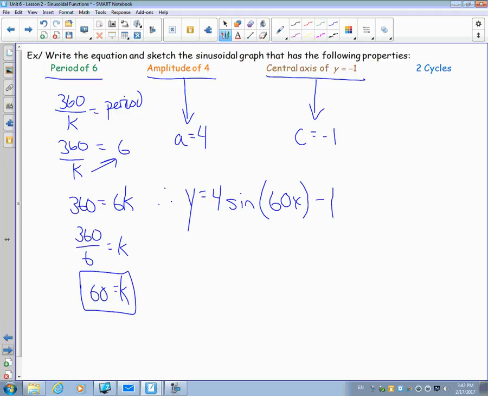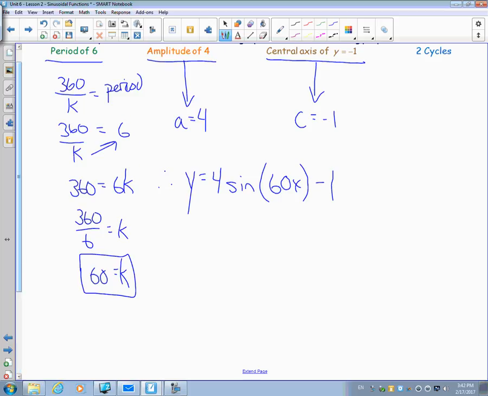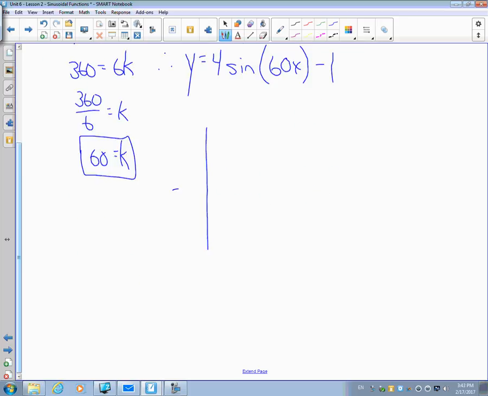We're also asked to graph something, 2 cycles of a graph, in fact. So we need a set of axes. The nice thing about sketching periodic functions is once you know one cycle, you know the second cycle. We're told the period was 6. That means every 6 units, it repeats.